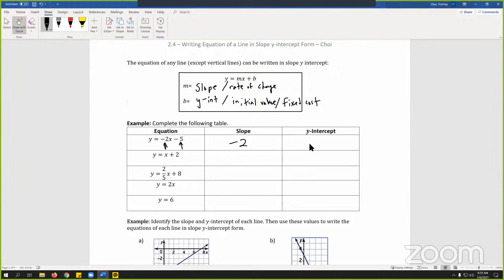And -5 is in the b position. So that's the y-intercept. Very simple and straightforward. You just look at the equation, you compare it to this one, right? This is what you're comparing it to, y equals mx plus b. And so when you compare those two, what do you have? So give this a shot, and then we'll take it up in around 2 minutes. Shouldn't be that long. 2 minutes is plenty of time.